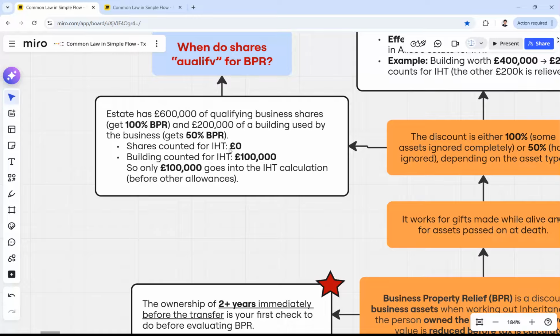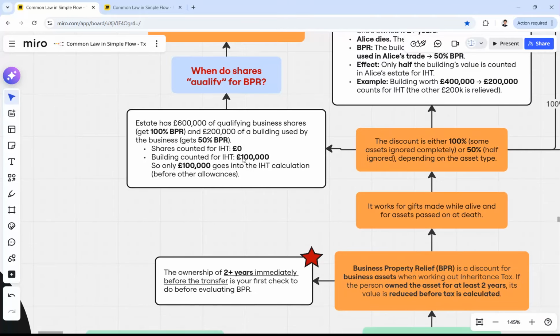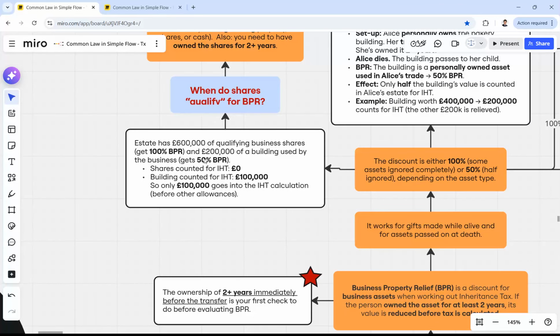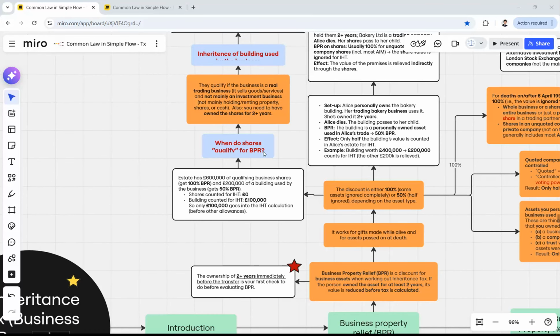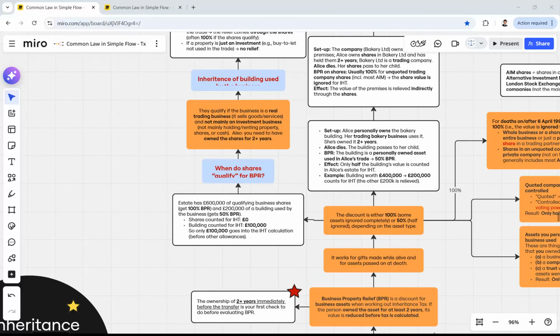Shares counted for inheritance tax are £0, and building counted for inheritance tax are £100,000, the half of the 200,000. So only 100,000 goes into the inheritance tax calculation before other allowances. This is just a general abstract example which roughly represents what is what in the example.